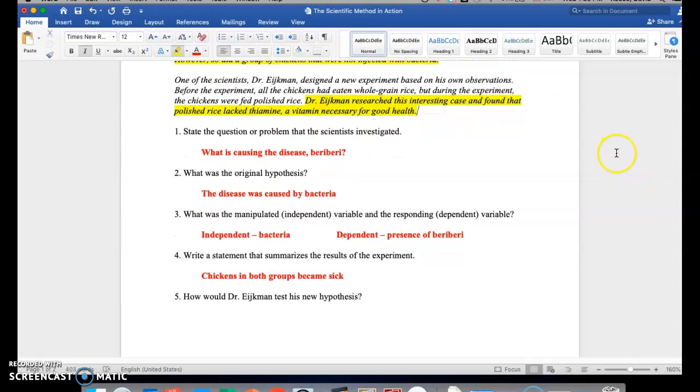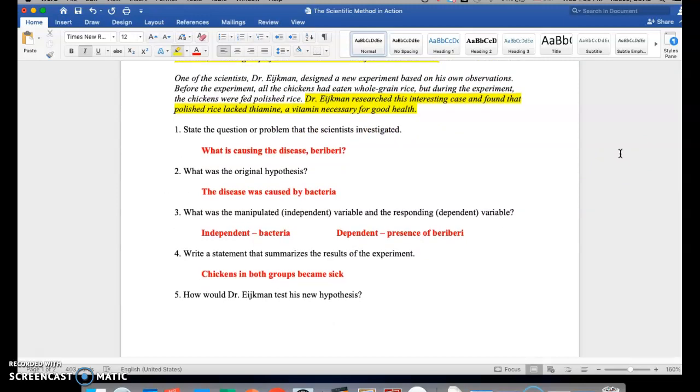Okay, so what do you think his hypothesis is? I bet his hypothesis was that the chickens that ate polished rice were getting the disease, and those that ate whole grain rice were not getting the disease.